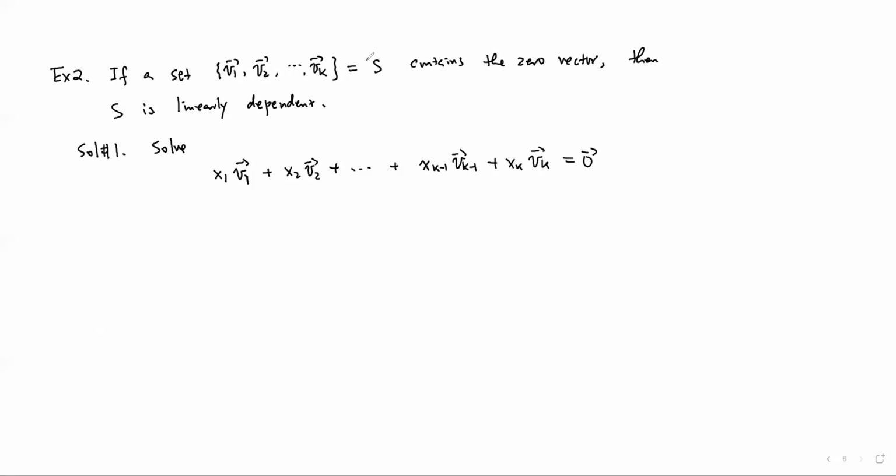The problem says one of the K vectors is a 0 vector. For example, let me assume this last one is the 0 vector.